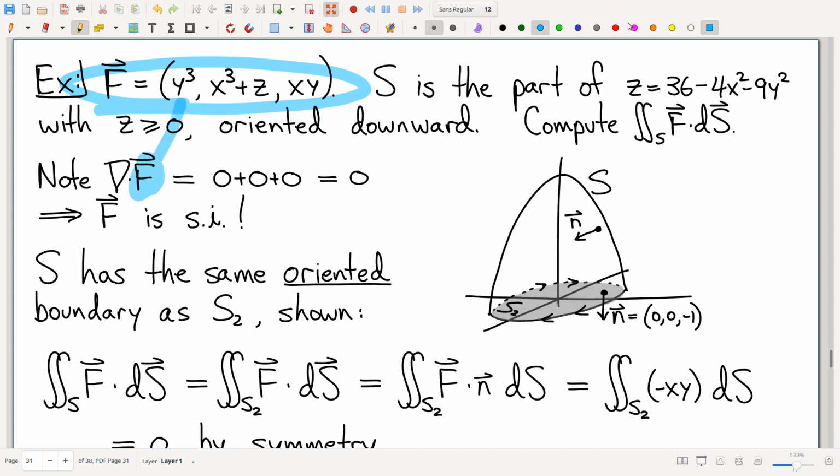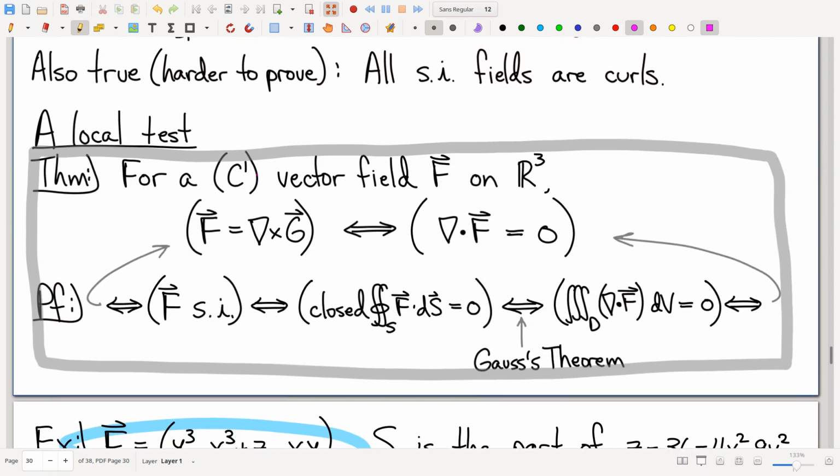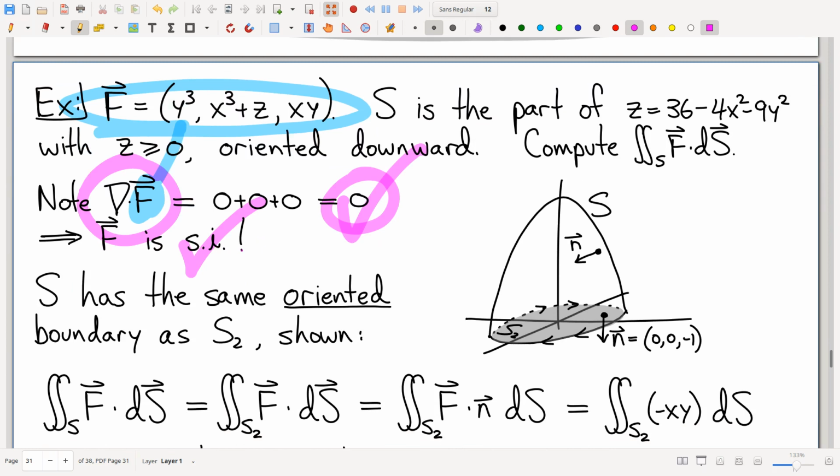That vector field, I can compute the divergence. I get 0, and that means surface independent, citing this theorem right here. You take the divergence, you get 0, and surface independent. Is that cool? Okay. This is a massive win.